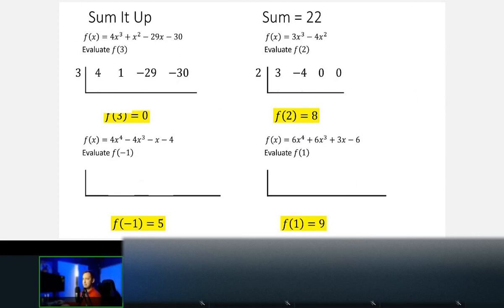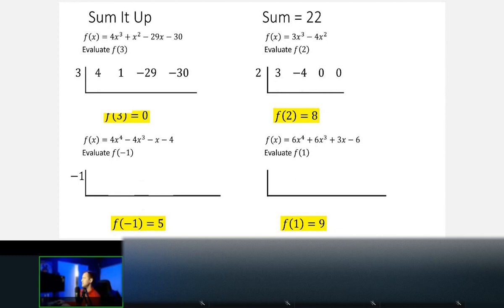All right, the bottom left. What are those numbers? 4, -4, 1, -1, 4. Just a typo, right? 0, not 1.